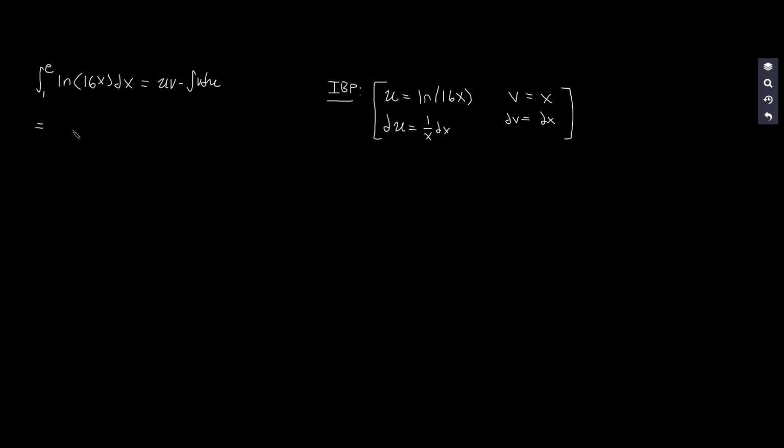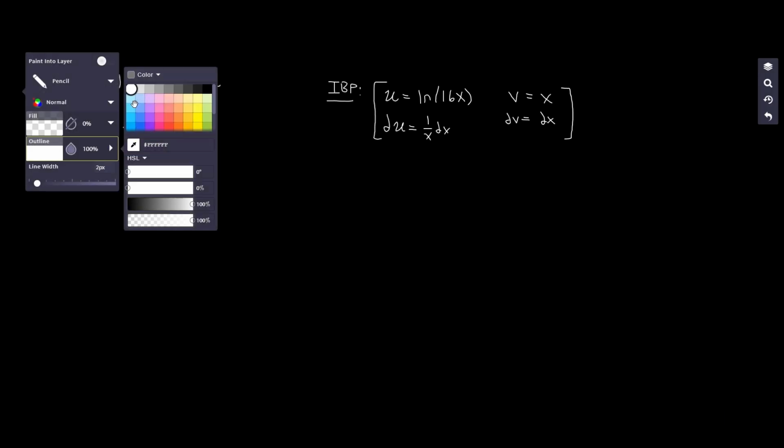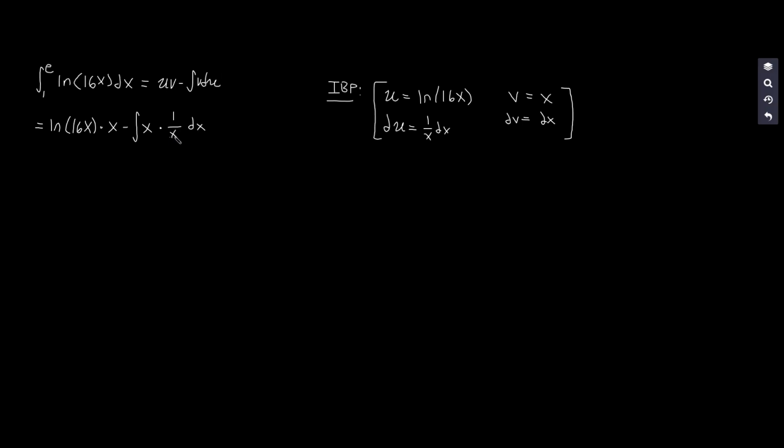Well, here we know that we're going to have the natural logarithm of 16 times x times x minus the indefinite integral of x times 1 over x. And so what's going to end up happening here is there will be some cancellation here and here.